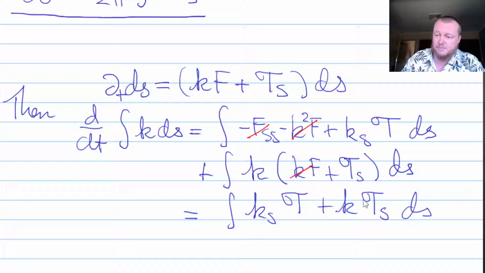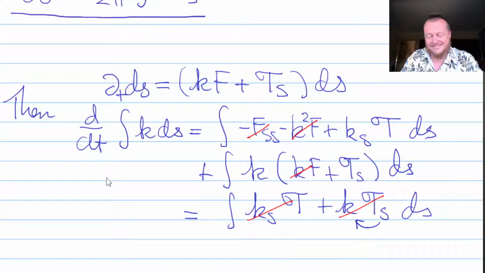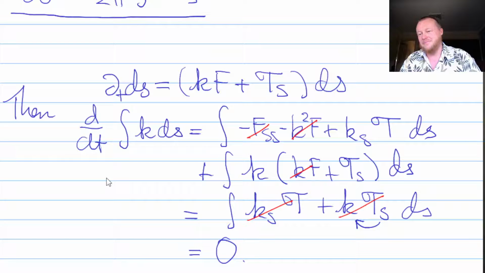The second price to pay is that it will have a minus sign. Which is great. It's not a price at all because I'll have minus k as t. It will completely cancel with this term. Look at that. So it's 0. Isn't that beautiful? So there you go. So the time evolution of this is 0.